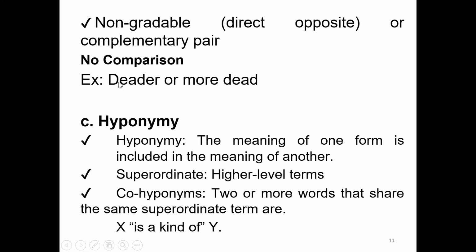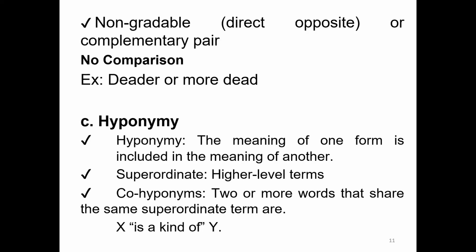So you will not say somebody is better or more that than somebody else, like the words single and married. If you are single, you will not say I am more single than you, and if I am married, I will not say I am more married than you. No, we cannot use them in comparative construction. So that's the difference between gradable and non-gradable antonym.